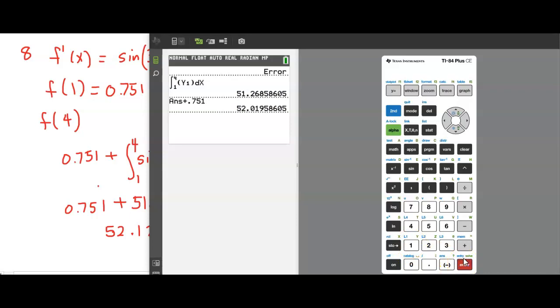There's your answer that way. I kind of like the graph, but that's just me.